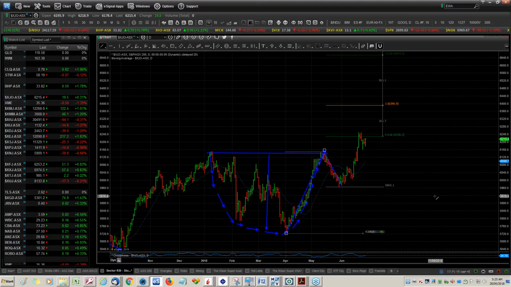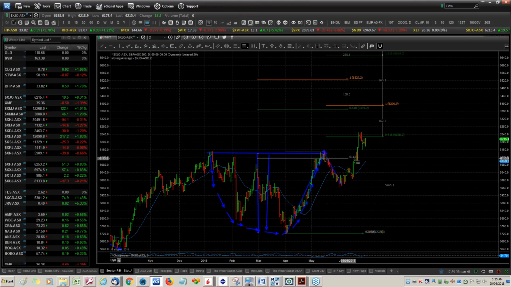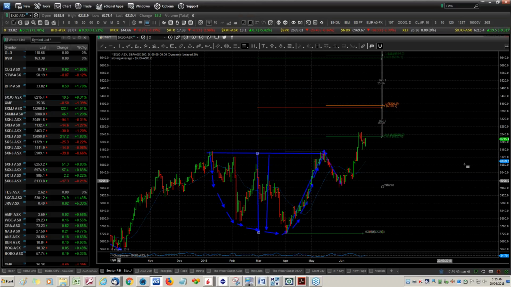I can do these extensions in many different ways, but whether I use that extension or the depth of the cup or the depth of the pattern, it's the same. Go from the bottom of the cup to the top of the cup, mark it up from the swing low, and obviously we get the same levels.